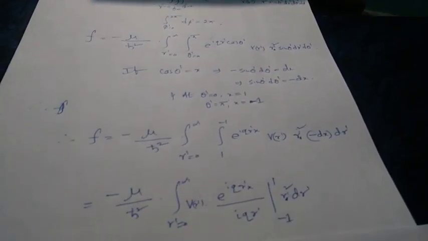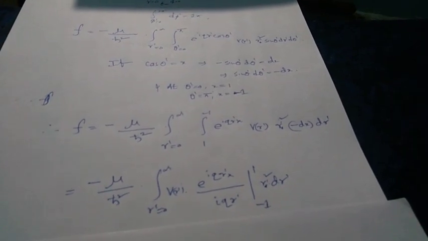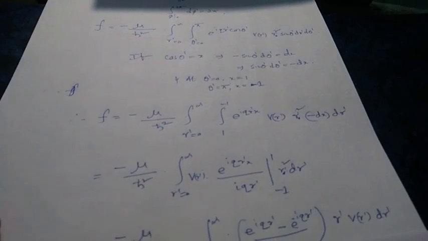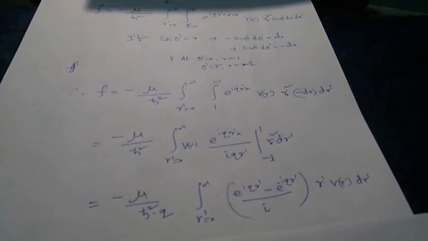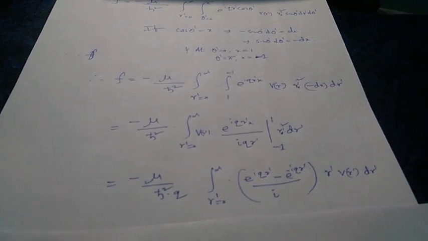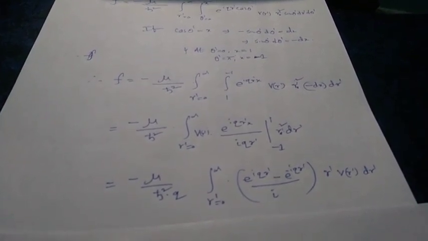So if you do the integration of exponential i q r' x, it should be exponential divided by i q r' with the appropriate limits, minus 1 to 1, because when we want to remove this minus dx here, we can flip the limits. If you substitute the limits, it becomes exponential i q r' minus exponential minus i q r' divided by i.